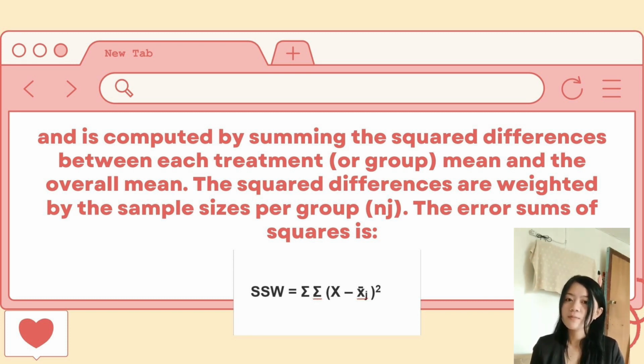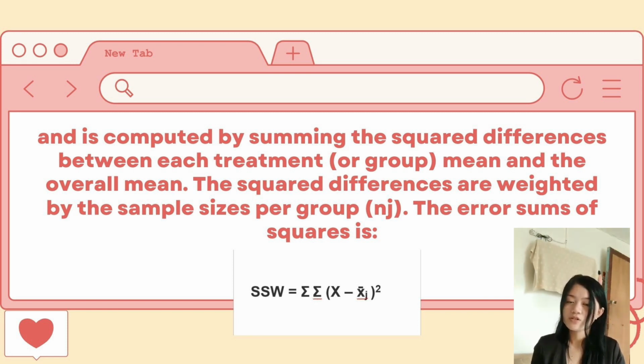The double summation indicates the summation of the squared differences within each treatment and then the summation of these totals across treatments to produce a single value.